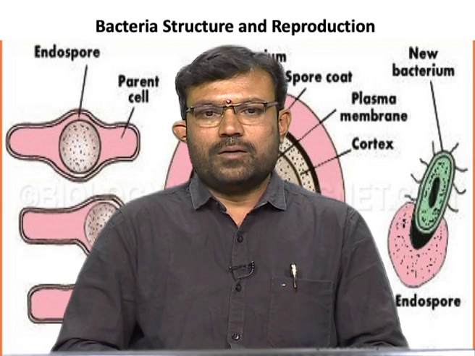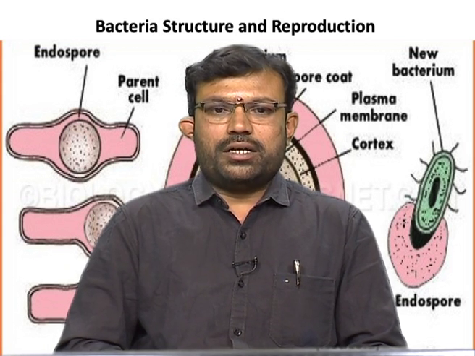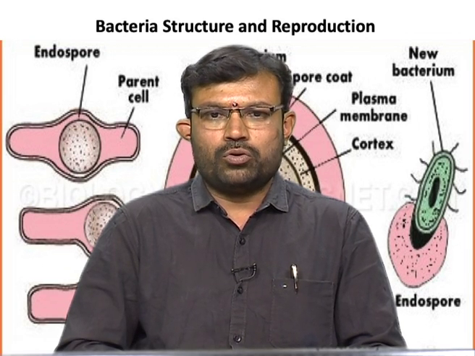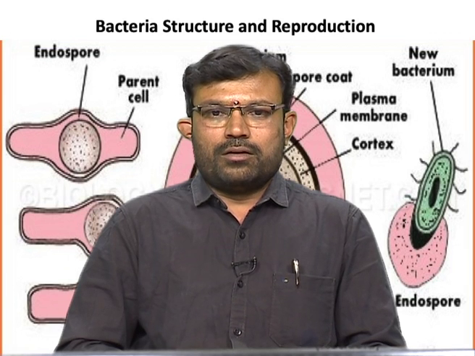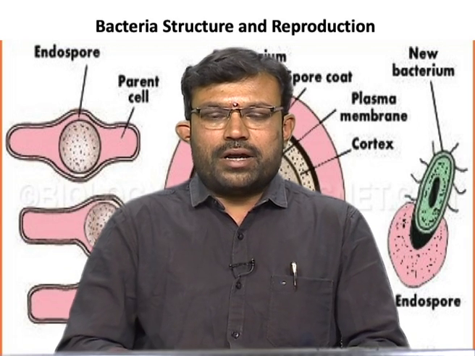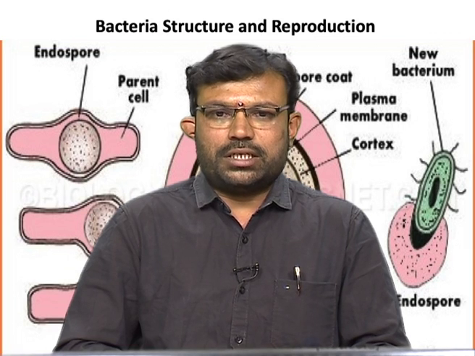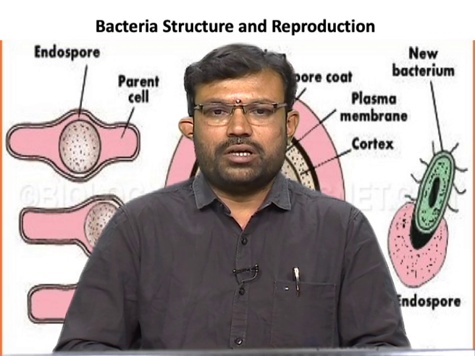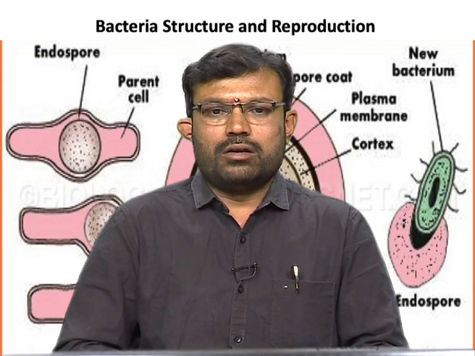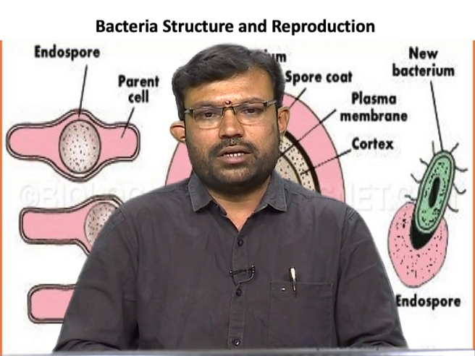And next, the nucleoid. The bacterial cell is a prokaryotic cell, which means a true nucleus is absent; only nuclear material is present, called the nucleoid. In the bacterial protoplasm, the region associated with genetic material is called the nucleoid. The nucleoid has a single chromosome and non-histone proteins, meaning histone proteins are absent in their DNA.